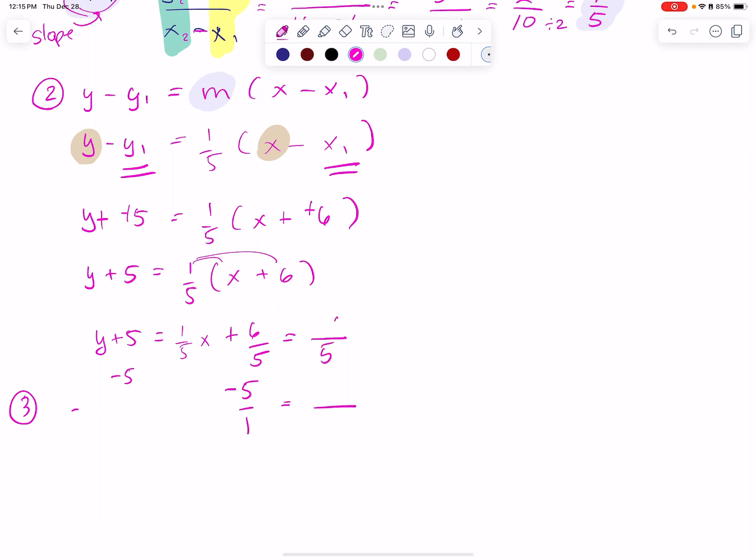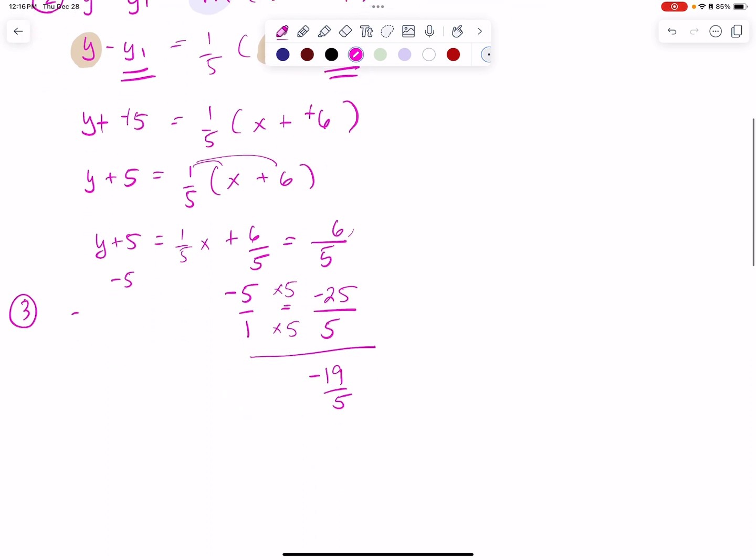So we're going to use 5 as the same denominator. How did I get there? 1 times 5 is 5. -5 times 5 is going to be -25. And then you'll have just the numerators. -25 plus 6 is going to be -19 over 5. So now you have y equals 1/5 x minus 19 over 5.